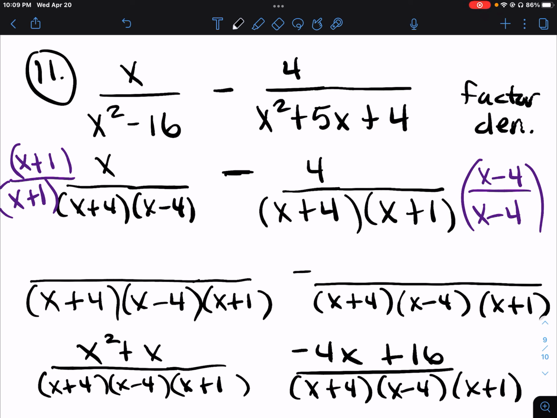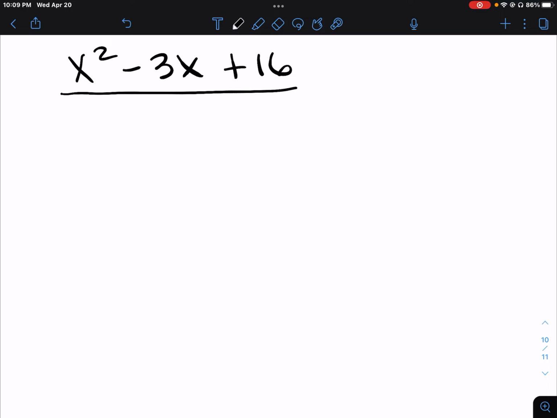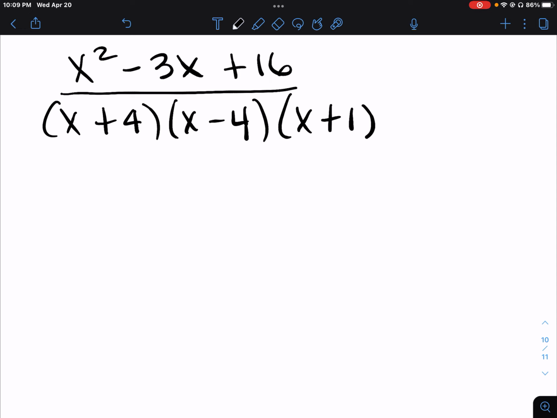Now we're going to combine like terms on the top, which is just these two right here. So x minus 4x. So the final answer is x squared minus 3x plus 16 over that denominator. The whole denominator stays the same.